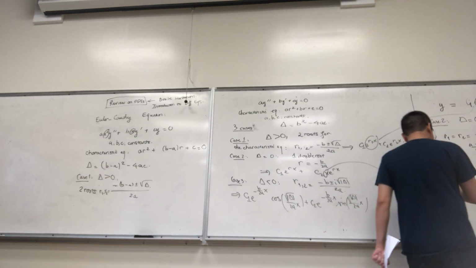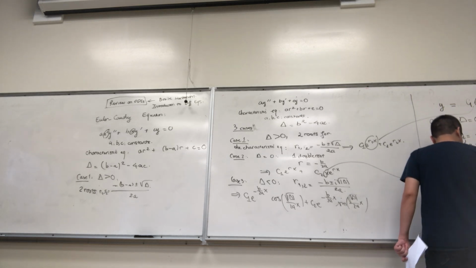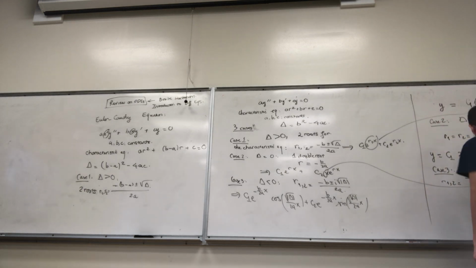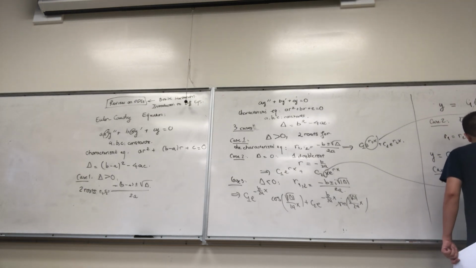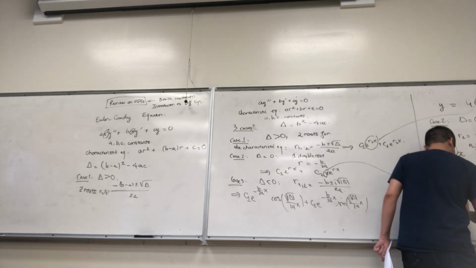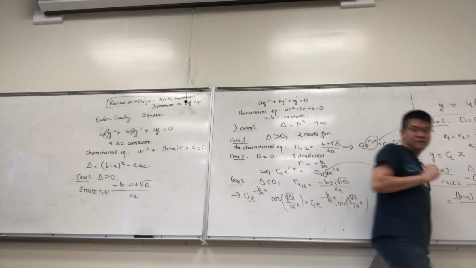So in this case, the two roots will be the same, but you have to take into account the fact that you have something negative under the root. So this is written as minus b plus or minus i square root of the absolute value of delta over 2a.